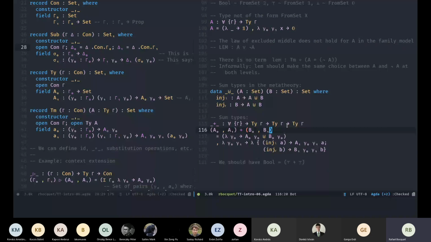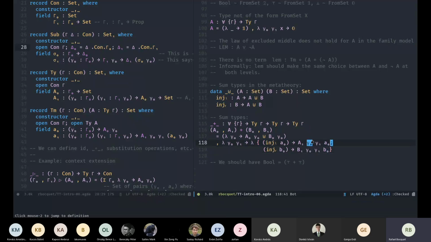Okay, so to define some types, what we do is that on the first component, we make a choice between A0 and B0, and then on the second component, depending on the previous choice between A0 or B0, we have an element of the corresponding types.